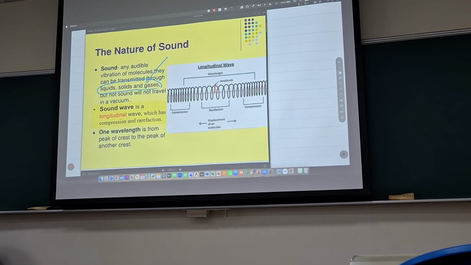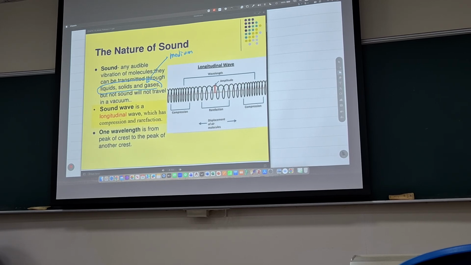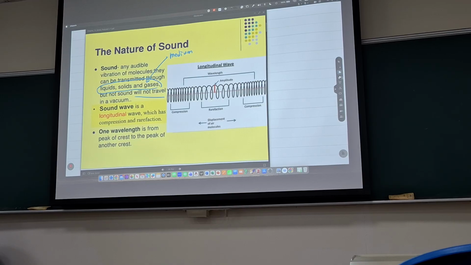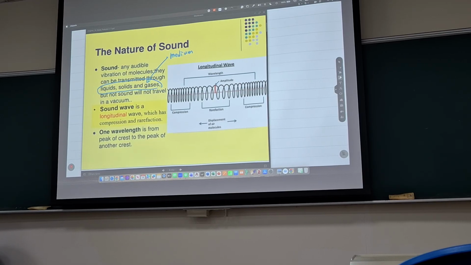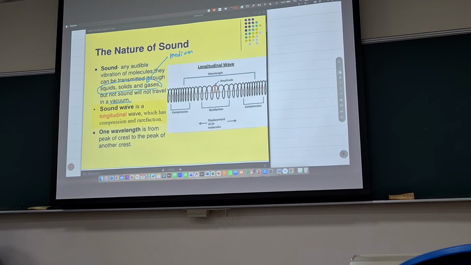Those are called medium. And sound cannot travel in vacuum. Vacuum means nothing there, no air, no water, right? The sound cannot travel in vacuum.